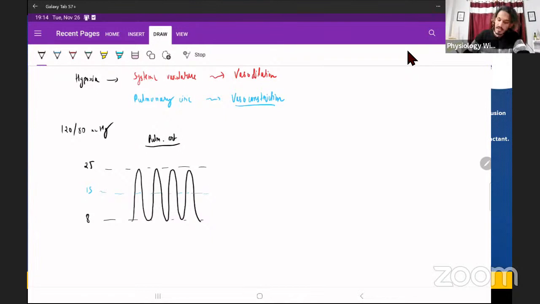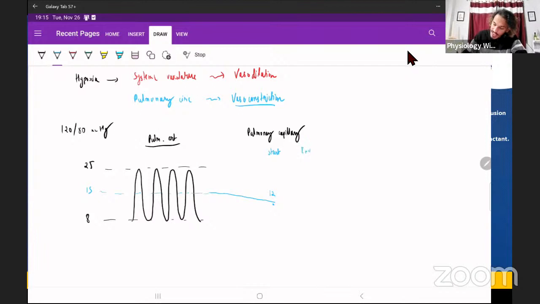Now from here, imagine it going into your pulmonary capillaries. So what you notice is this mean arterial pressure will drop to a value of 12 around the start of the pulmonary capillary.